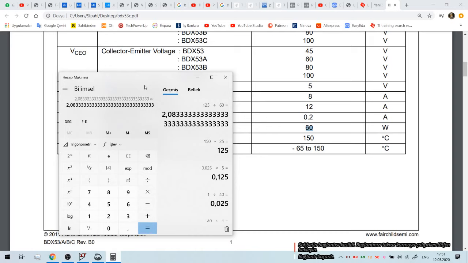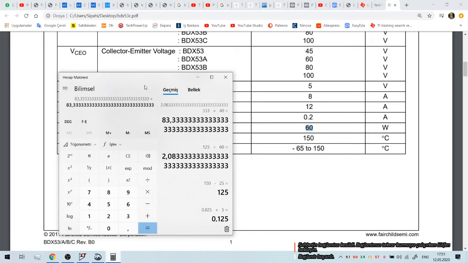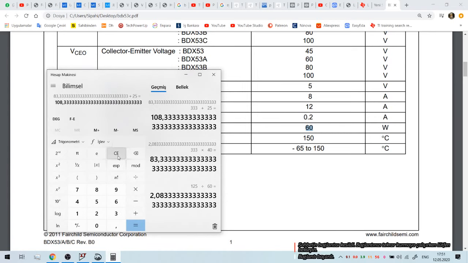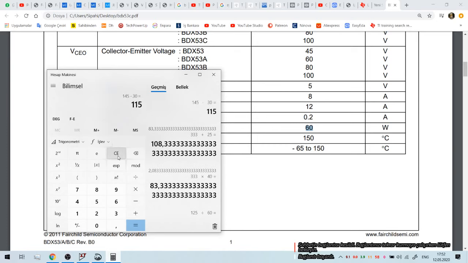And if you use it with 40 watts, you can see if case temperature is 108, the junction temperature of the transistors will be 108. It is very much. And what will be our maximum case temperature? Say 145 to here, and 30 to here.